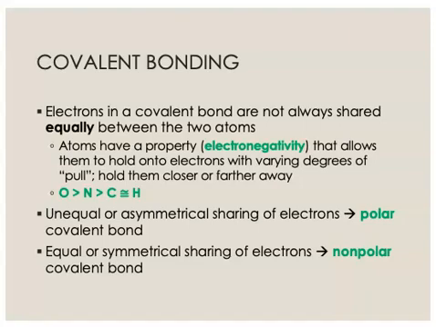Each element has its own level of electronegativity. What electronegativity describes is the ability of a particular atom of an element to pull on a pair of electrons and bring them closer to the atomic nucleus. Elements with a higher electronegativity have a greater pull. They're able to bring that shared pair of electrons closer to them and farther away from the other atom.